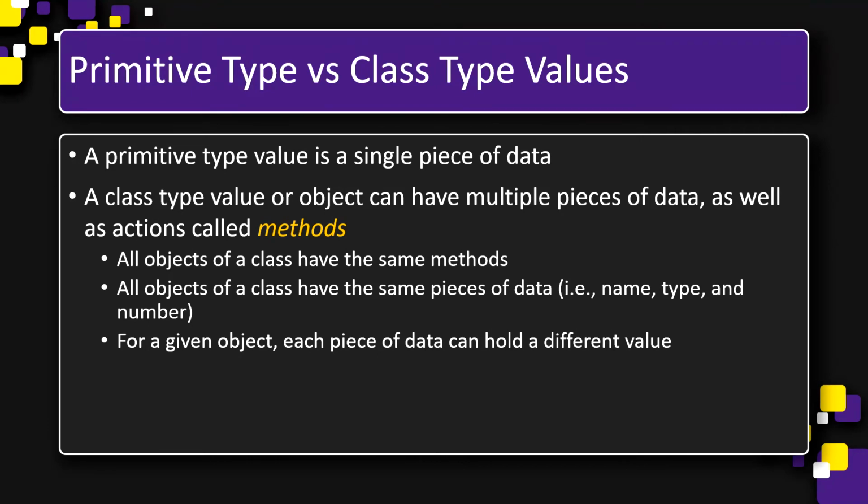In the case of classes and objects, the object could be of a particular class type, such as maybe Car, and it could have a particular value for its color, such as red, and a different object, a different instance of that class Car, could have a color of green. Now, they're going to have a lot more pieces of data than just one.